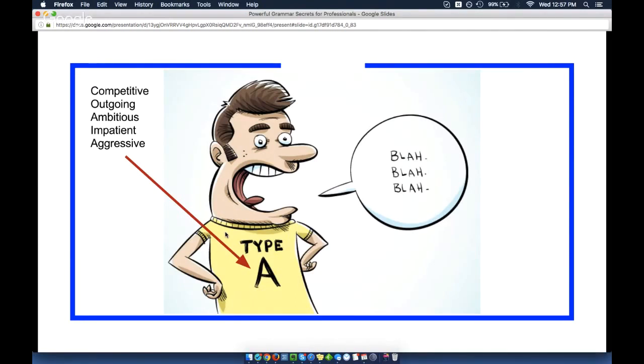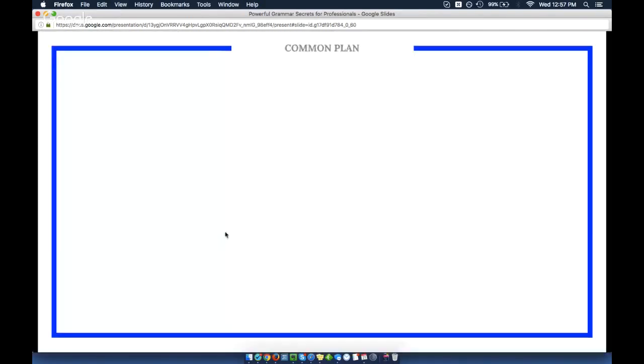So why am I talking about being a know-it-all in the context of telling you to use less grammar and not more grammar? Well, I'm glad you asked. Here we're going to take a look at another common plan, just like we did with the first secret.